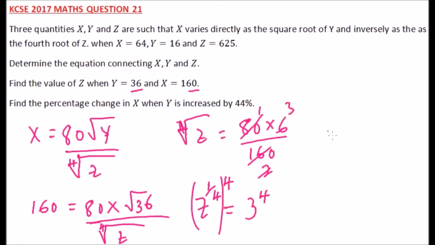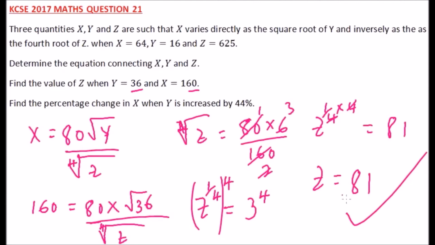When you open the bracket, z to the power a quarter multiplied by 4 is equal to 3 to the power 4, which is 81. So this power disappears, and then we have z is equal to 81. And that's the correct value.